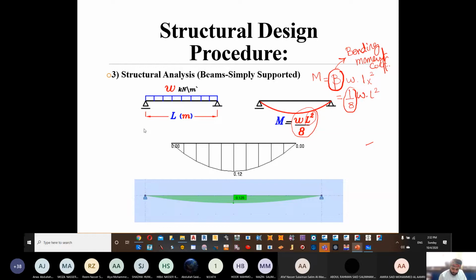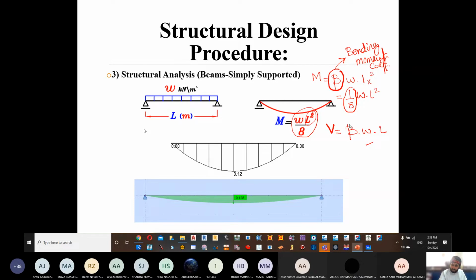The same thing goes for the shear. When it comes to shear, our general equation is beta multiplied by W multiplied by L. So we have two general equations that you need to know. First, moment is equal to beta, where beta is the bending moment coefficient, multiplied by W L square.